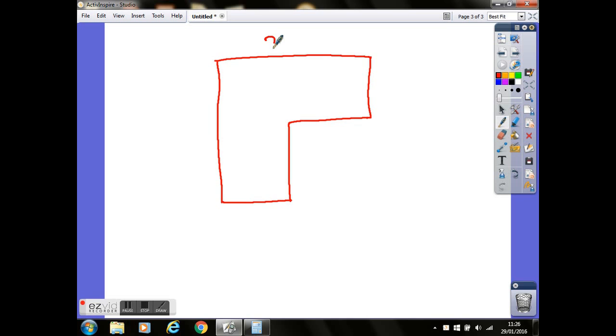Have something along these lines, so you'll have 20 meters up here. So we'll go 20 meters again down this side. Go 12 across here. So we'll just go 10 meters and 10 meters.